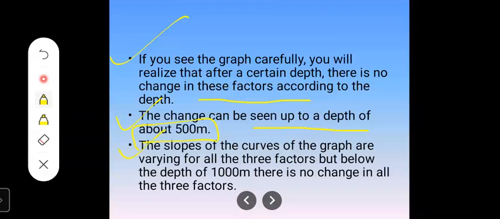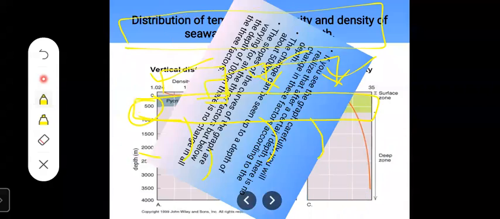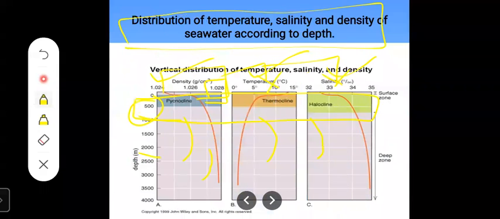The slopes of the curves of the graph are varying for all the three factors. But below the depth of 100 meters, there is no change in all the three factors. In these three graphs, the students have said that once you have crossed 100 meters depth, there is no change.